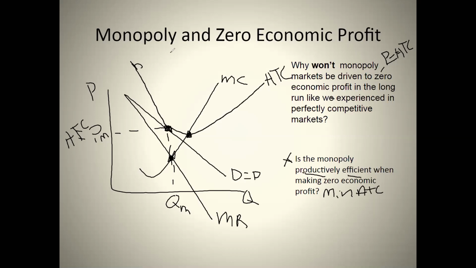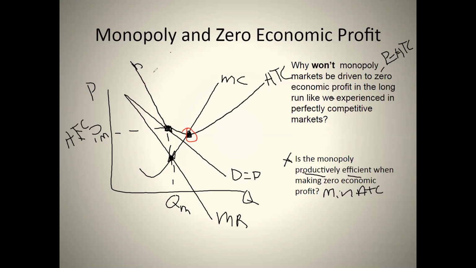And you can see that they are not productively efficient. So the monopolist is not allocatively efficient, and the monopolist is not productively efficient, even when they are producing at zero economic profit, like they were for perfect competition.